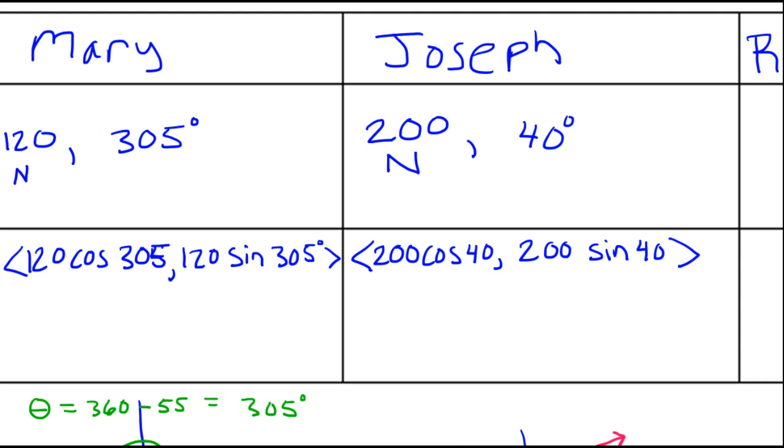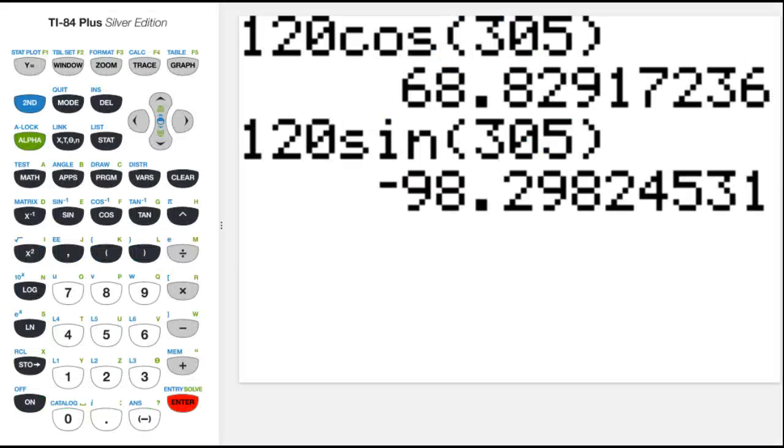So all we really need to do is put these expressions into our calculator. So when I do 120 cosine 305, I get 68.83. 120 sine 305 is negative 98.30. Got to round up.